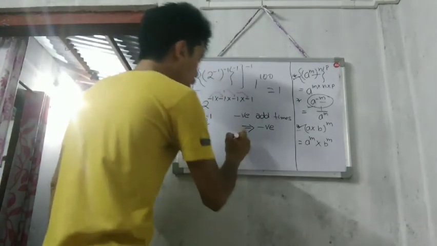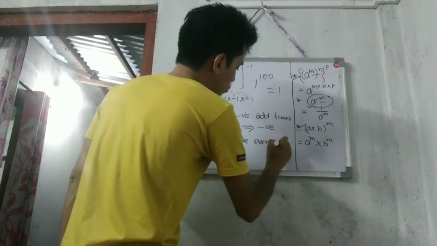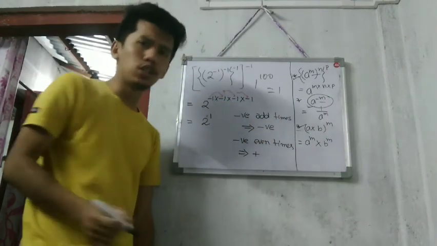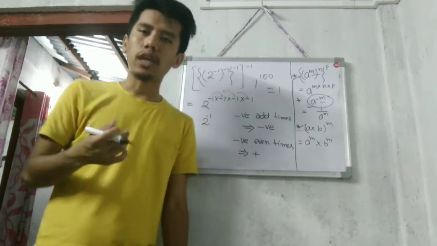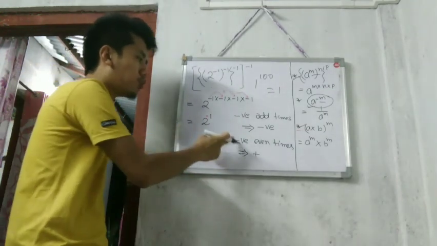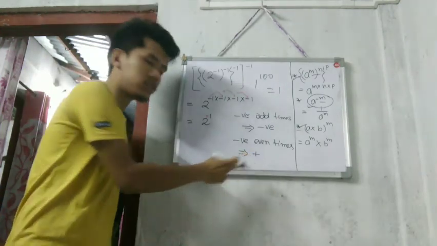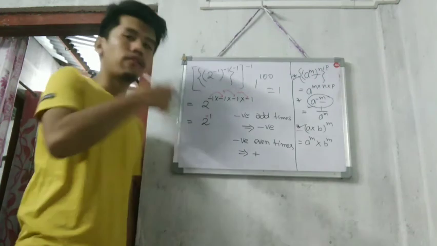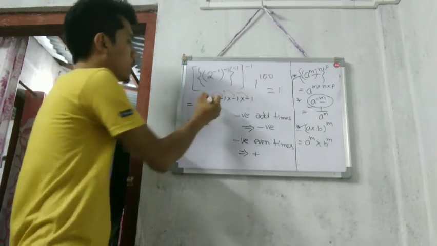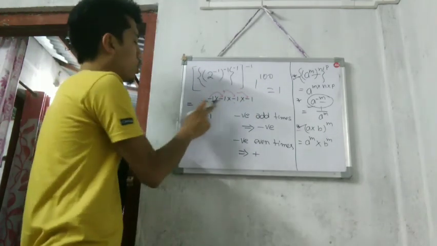And if the negative sign is multiplied an even number of times, it will be plus. Odd means, as you know, 1, 3, 5, 7 and so on, and even means 2, 4, 6, 8. That means if you multiply the minus sign 2 times, it gives you plus. If you multiply the minus sign 6 times, it gives you plus. So as we can see, we multiply the minus sign 4 times, so the answer will be plus 1.